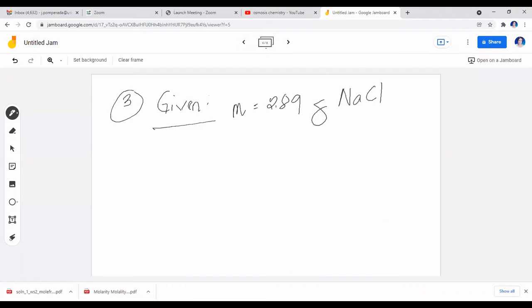And then it's stated there, as read to you, that this will be dissolved in 0.159 liter of water. So the volume is 0.159 liters of H2O. Okay. We are required to determine the molality.